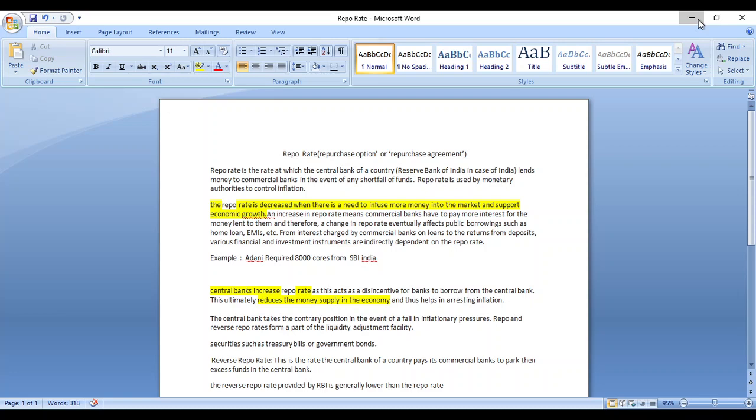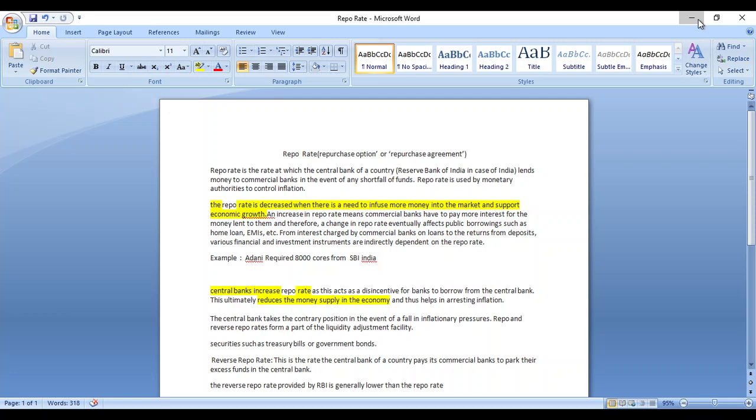If the repo rate is decreased, it means the country needs to grow economically. If the repo rate is increased, it means the country is going into inflation. So for that reason the RBI plans to stop the money supply to the public. All the banks should invest their extra money with the RBI, and the RBI provides the interest.